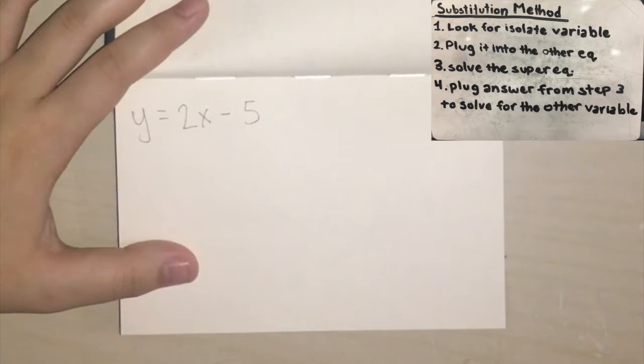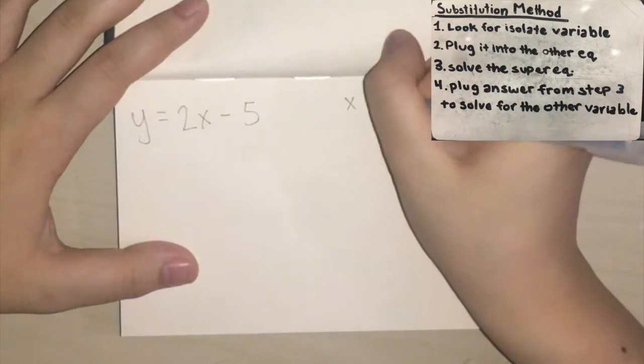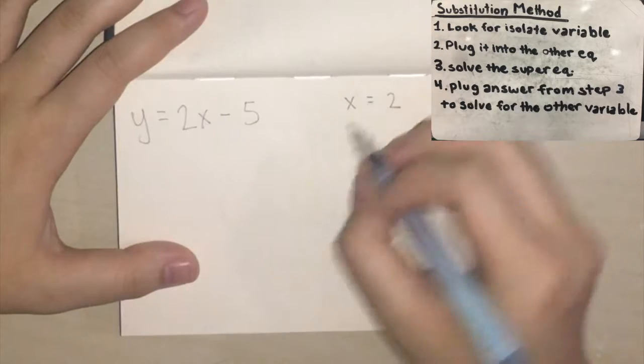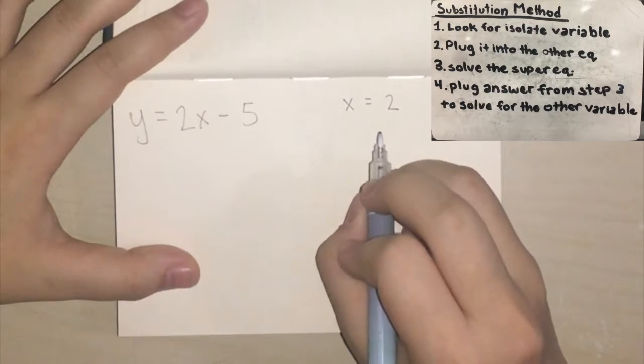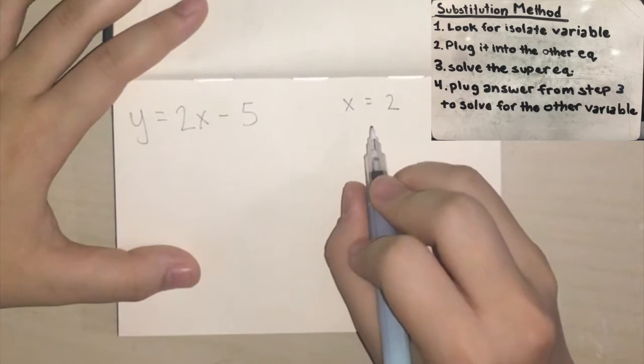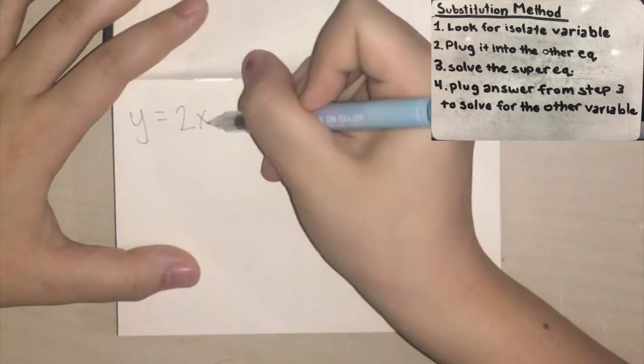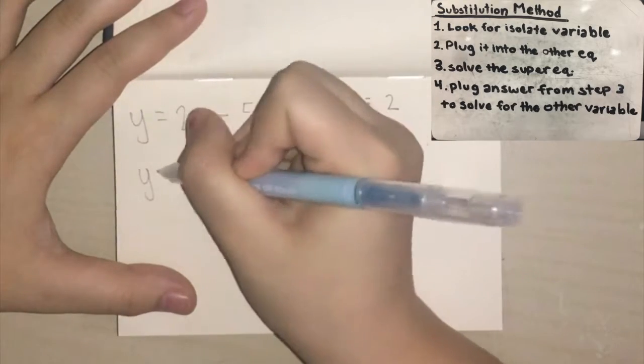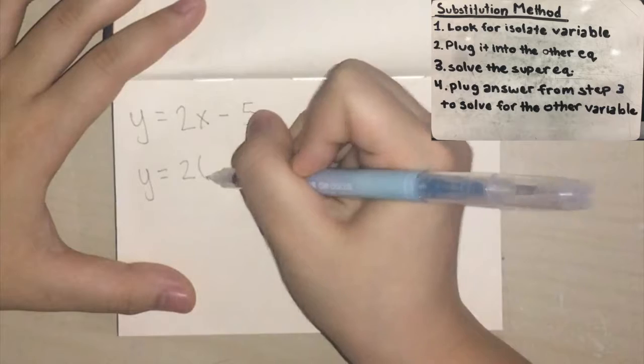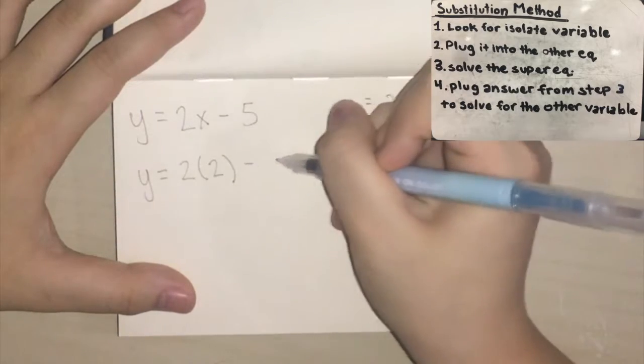Our answer from the last step was x equals 2, so we plug our answer from step 3 in here. y equals 2 times 2, subtract 5.